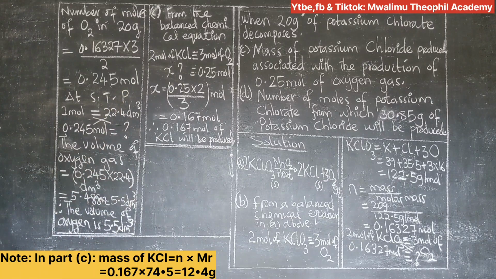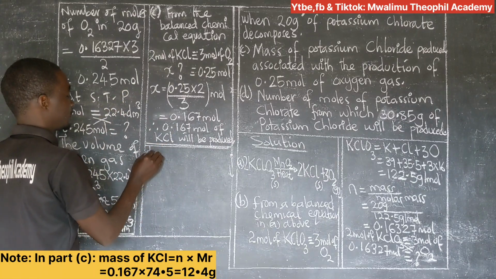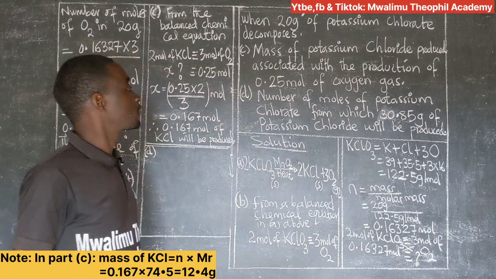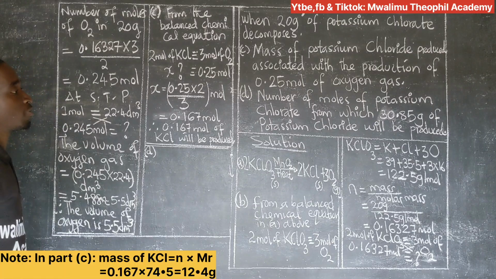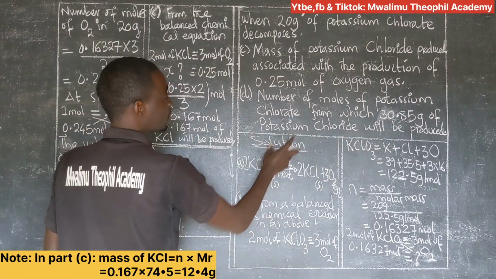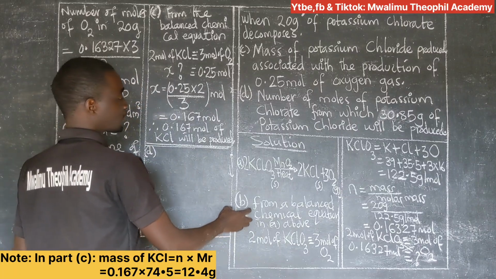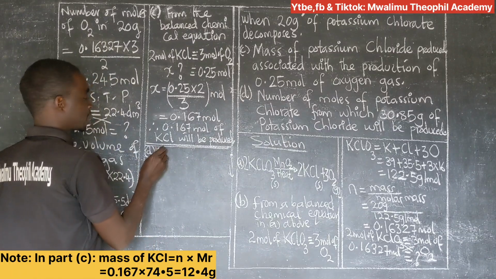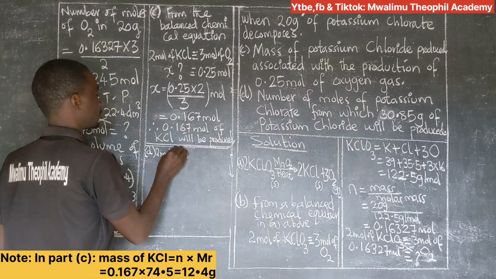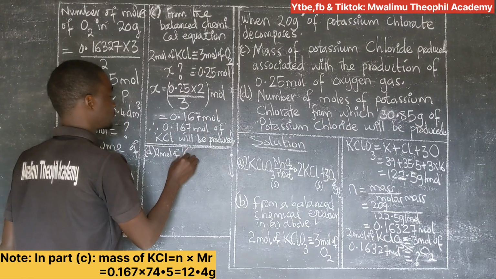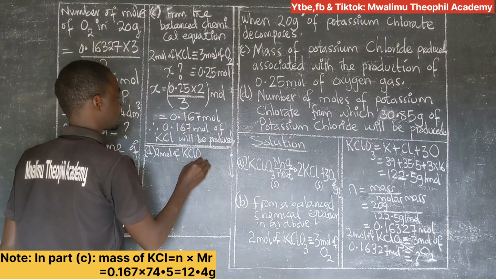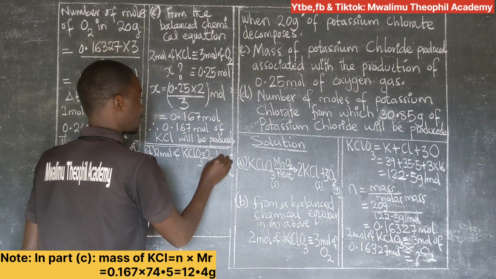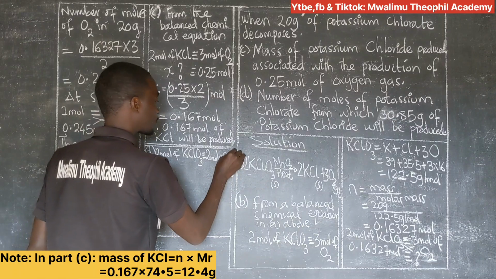After that, let's finish with the last part, which is part D. In part D, we are required to calculate the number of moles of potassium chlorate from which 30.85 grams of potassium chloride will be produced. The relation is between potassium chlorate and potassium chloride. From this balanced chemical equation, we find that 2 moles of potassium chlorate is equivalent to 2 moles of potassium chloride.